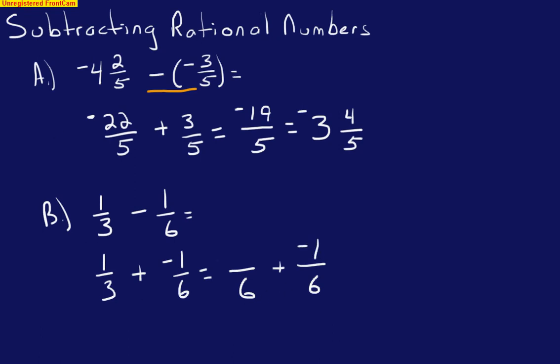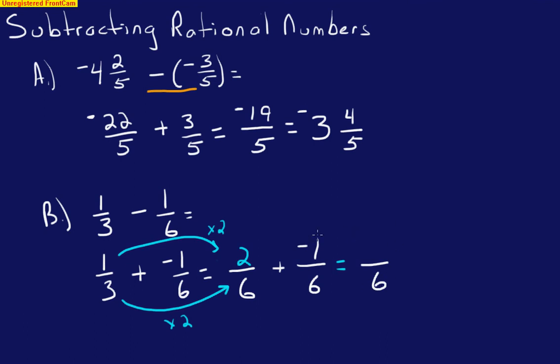And let me change colors on you, but we did change the 3, we had to multiply that by 2 to get the 6 as a denominator, and so we do that to the top also. So times 2. 1 times 2 is just 2. Let me go back to white. Now we have the same denominator, and we know that's going to be 6.